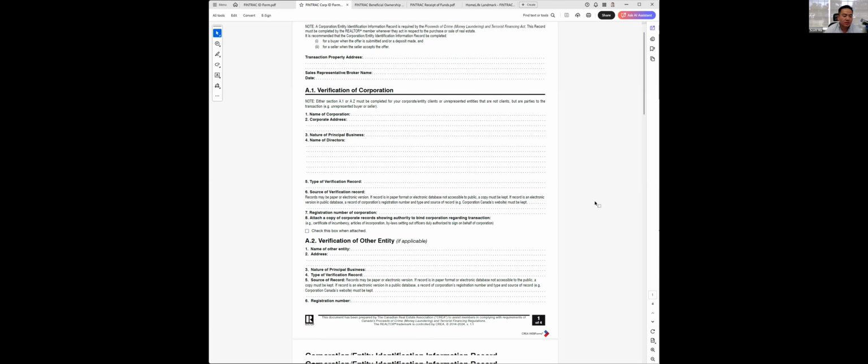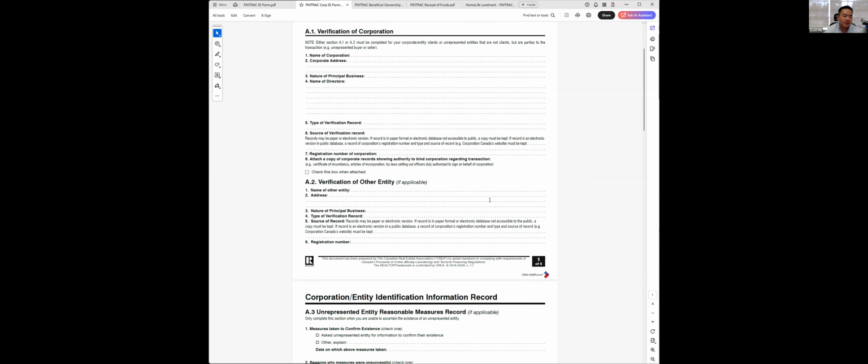That will tell you when the corporation was formed, a list of the directors that have control and signing authority over the company. And then you have to put here the type of the verification record, so articles of incorporation, and how you verified it, when you verified it.